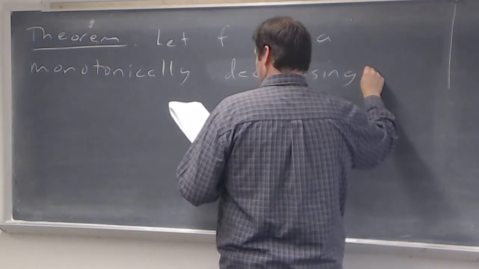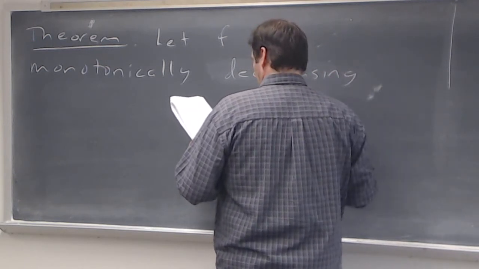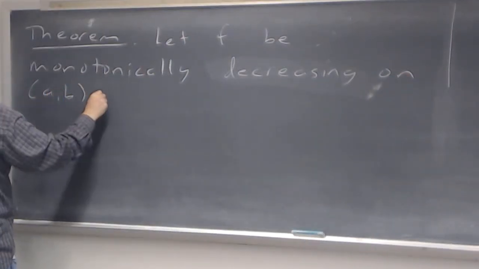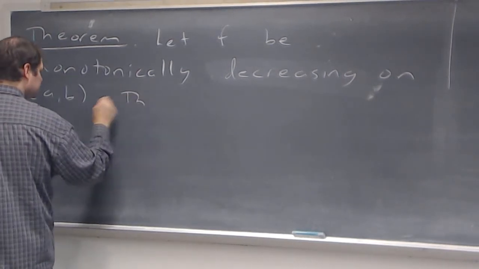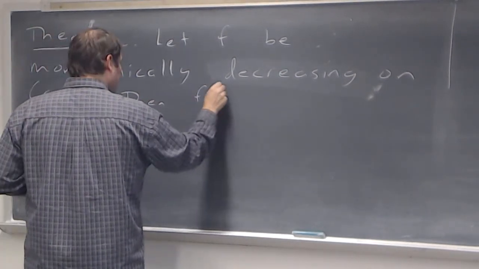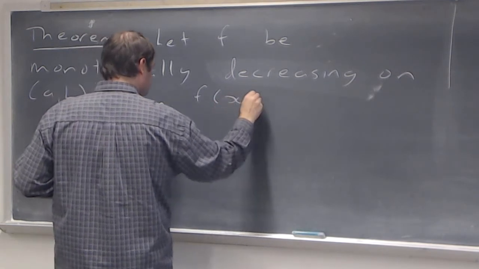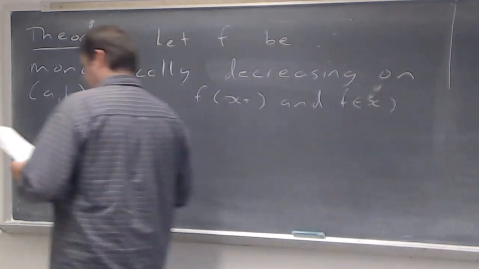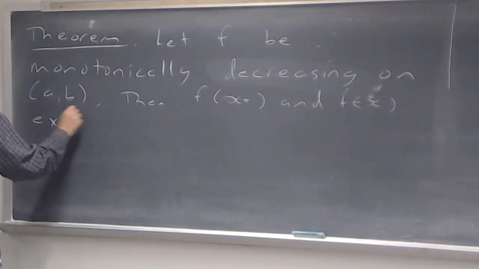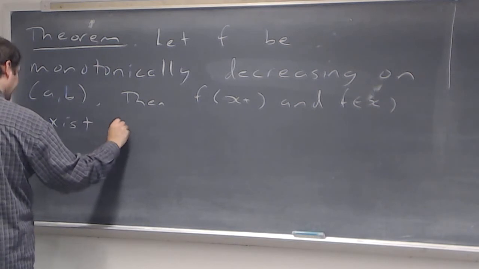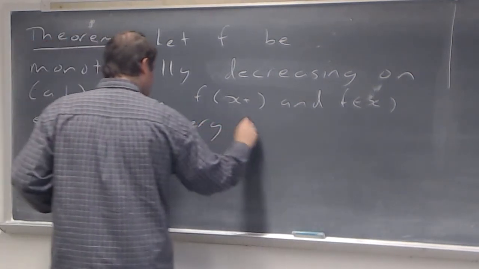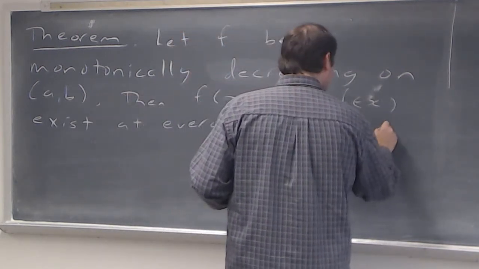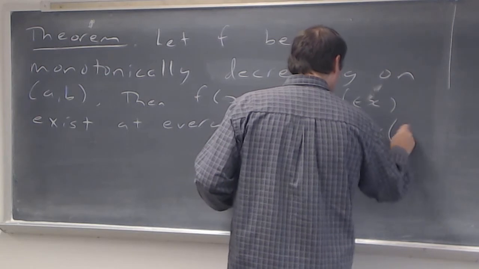Let f be, I should say, monotonically decreasing on a to b, this open interval. Then the right-handed limit and the left-handed limit exist at every point x in a to b.